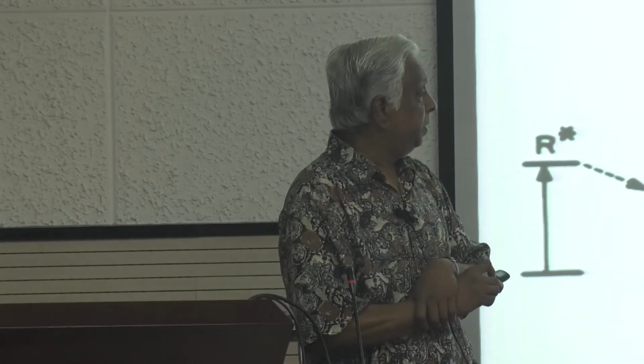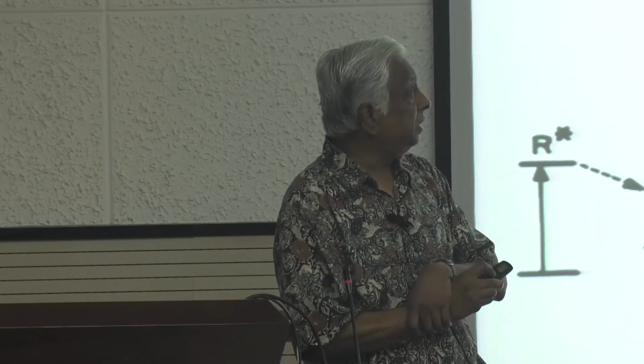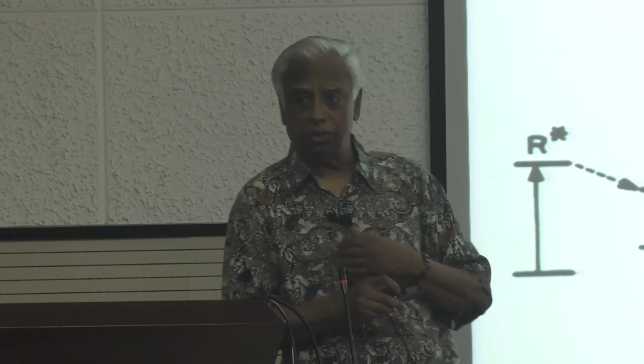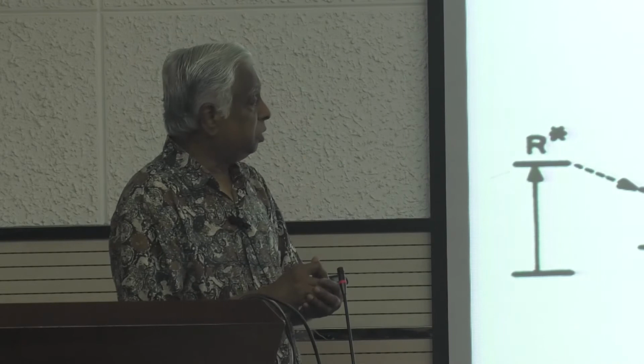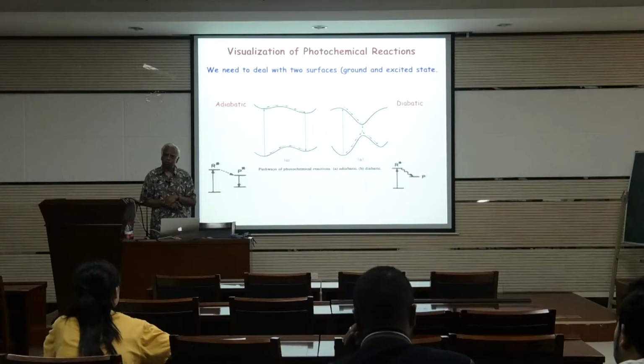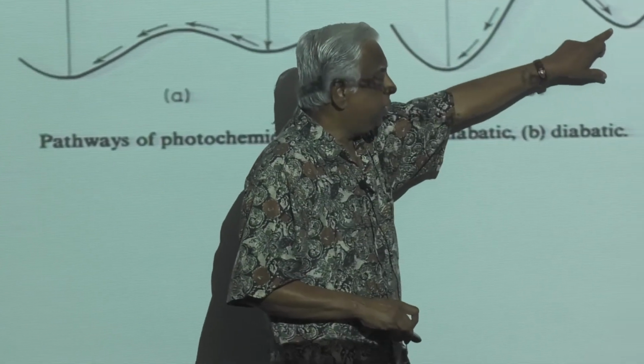Okay? But when you activate this molecule, what will happen? If you shine light, the molecule will go from here to here. That is the excited state. That is what photochemistry is all about. So in the excited state, as the molecule goes from here, you have to understand, in the ground state, you have the reactant, you have the product.